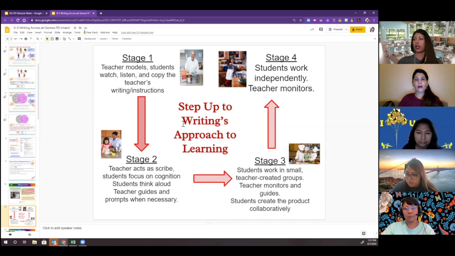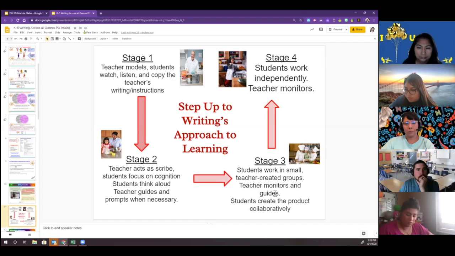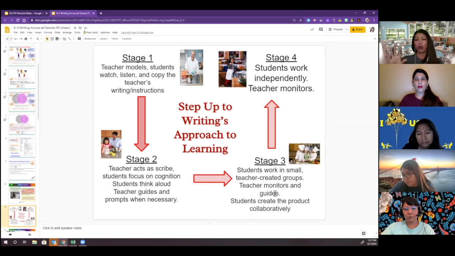Stage 3 then is where we release the students to not depend so much on you, but where they're going to start collaborating more with a small group. And so whatever the prompt is about, they have the student-to-student peer time to discuss some ideas that they would be able to use in a writing piece.